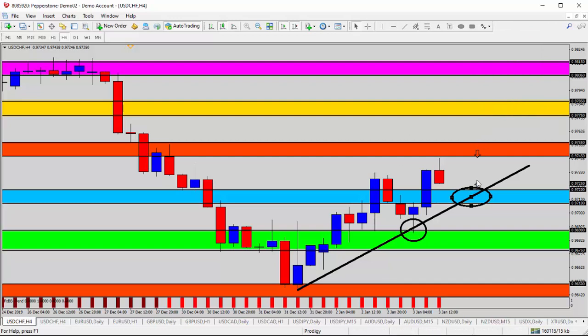Now, the opposite is true as well. That reversal or changing of trend fails and is invalidated if the market gets back underneath the blue zone, or specifically under the green zone as well, if we start to see lower highs, lower lows start to develop. So right now we're going to start with yesterday's bullish engulfing candle.